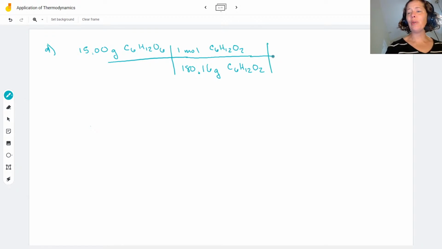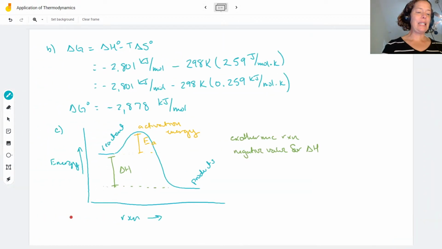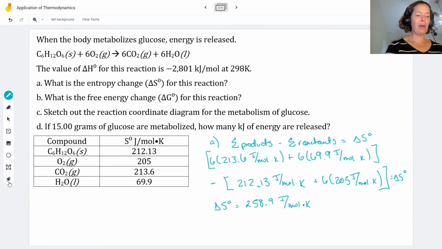Now what we want to do is think about our moles of glucose in terms of moles of reaction. Now this one is actually really easy because if I go back to my balanced chemical equation, you can see that my stoichiometric coefficient in front of glucose is 1. So that means for 1 mole of glucose, I've really got 1 mole of reaction.